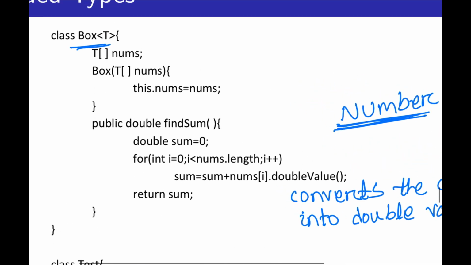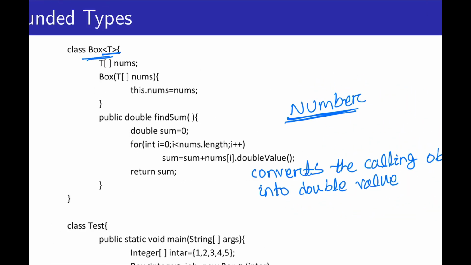The compiler is thinking that T is of any type. This doubleValue method is unknown to everyone except the Number class objects. It is only the Number class and the subclasses of Number class that know what is doubleValue, and the rest of the classes are unaware of the doubleValue method.